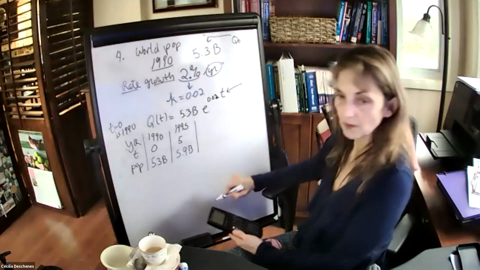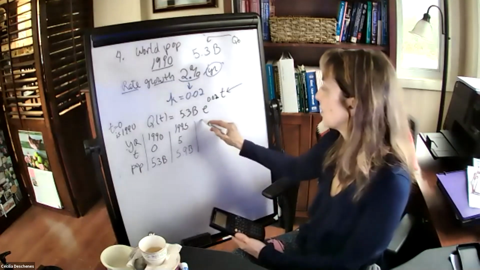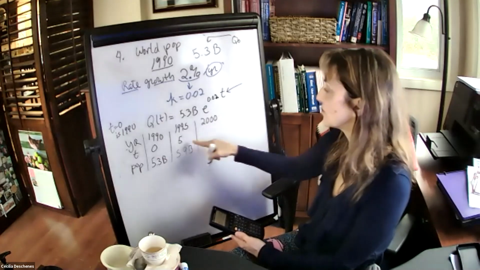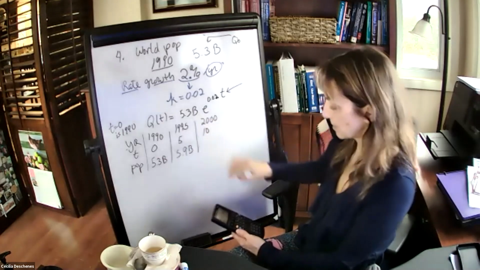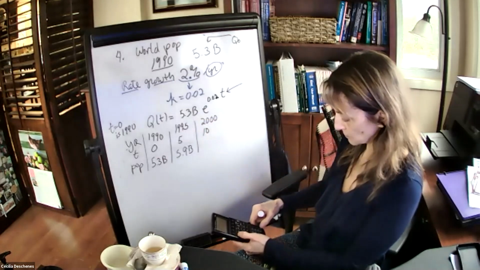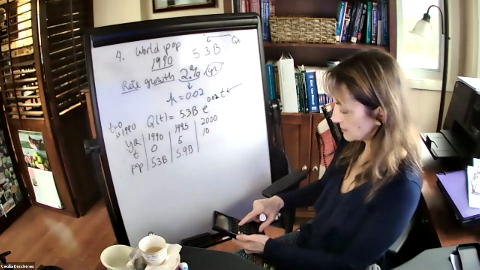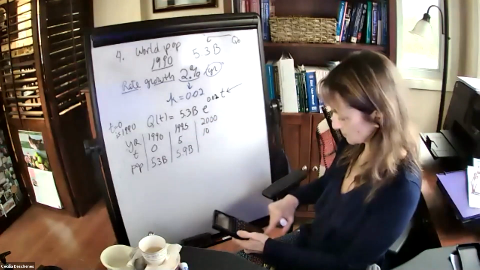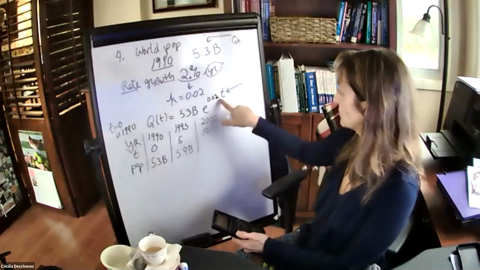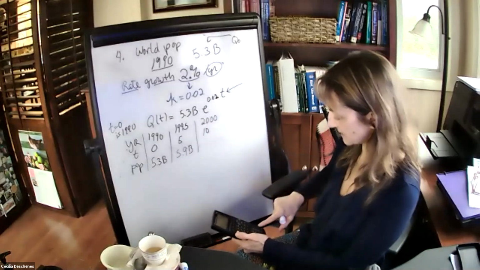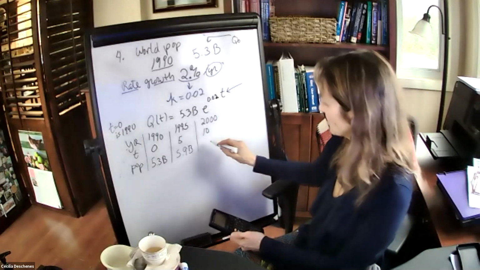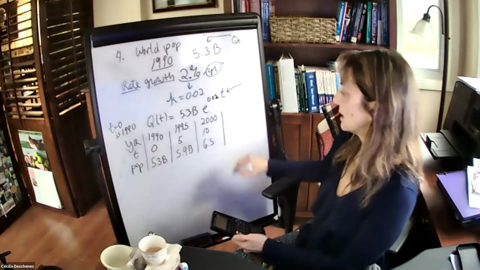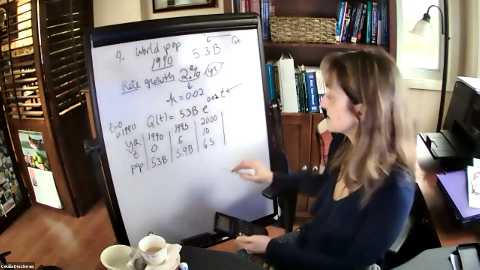I'll let you continue this, but we'll do one more. In the year 2000, that's 10 years later, we're going to plug in again, same formula, but now we put t as 10. And I get that this comes out to 6.5 billion. I'll let you continue to fill this out.